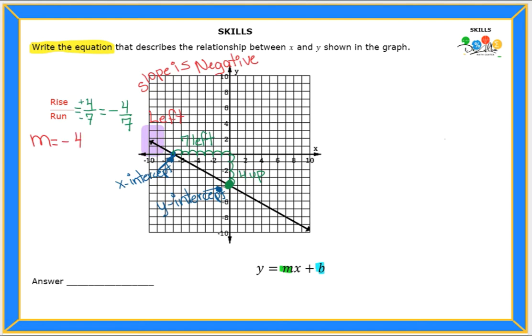Therefore, my slope is -4/7. Now, I got the slope, which is right here. That's my slope. So if I rewrite it, I can replace it already: -4/7x. What about the y-intercept?